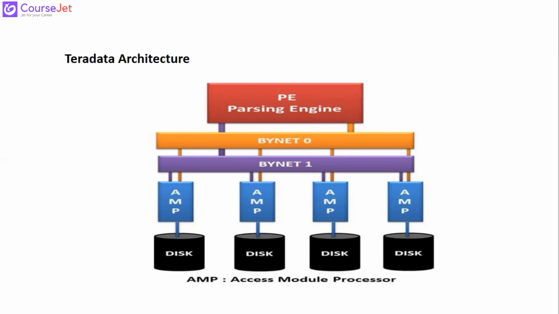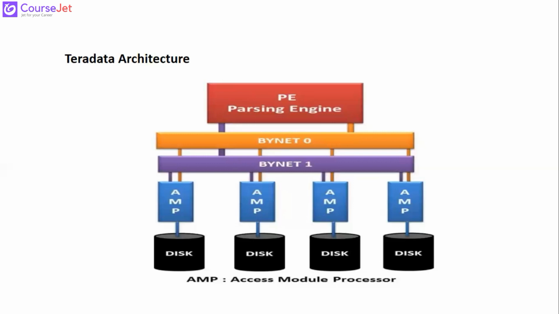As you know, we have both software Bynet and hardware Bynet. Usually in a production system, it will be a hardware Bynet, which needs to accommodate all the traffic passing between the PEs and AMPs.